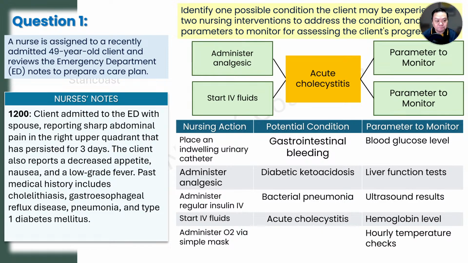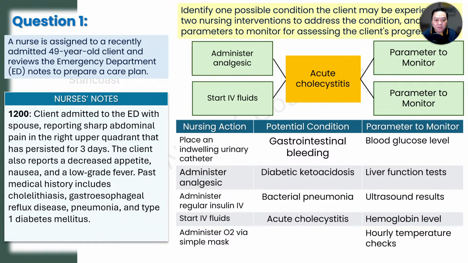So this is an appropriate action. Now, looking back into the nurse's notes, diabetes as part of the medical history, there is no indication that we're going to have to administer the IV regular insulin, because this is something that we're going to reserve for the management of diabetic ketoacidosis, and we don't have that as a concern for this case.